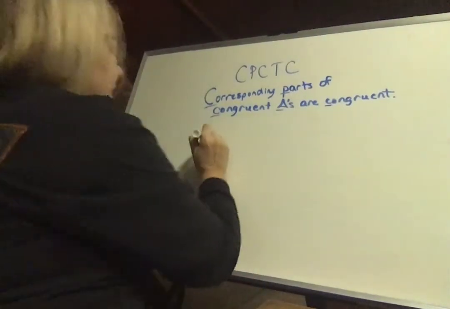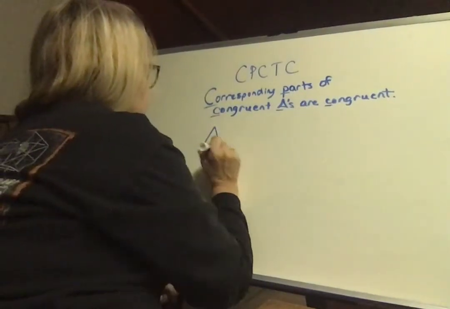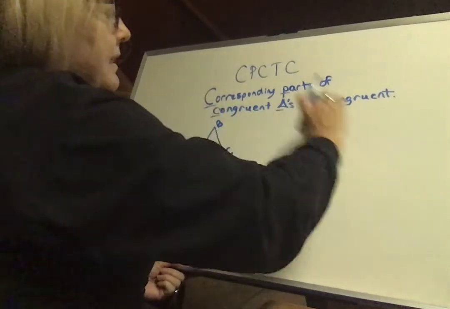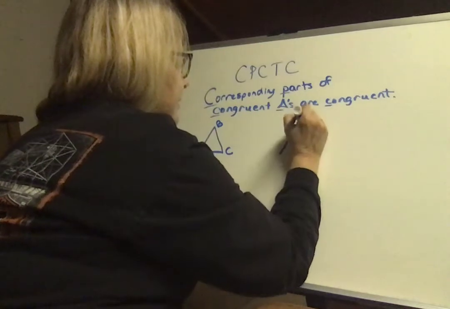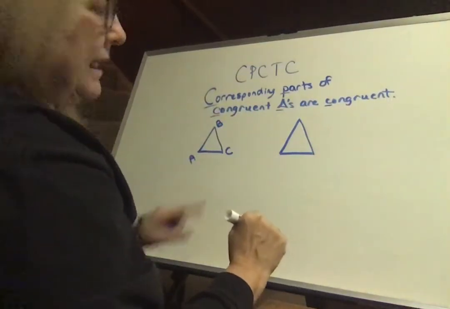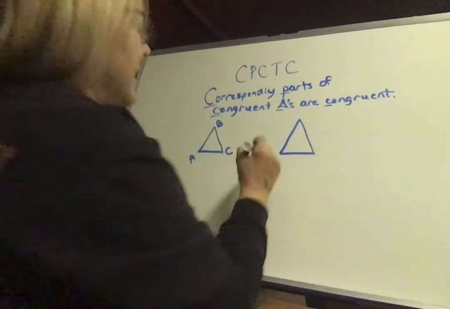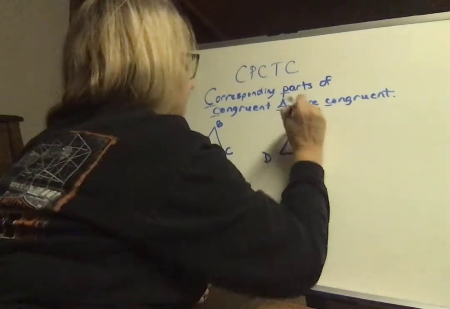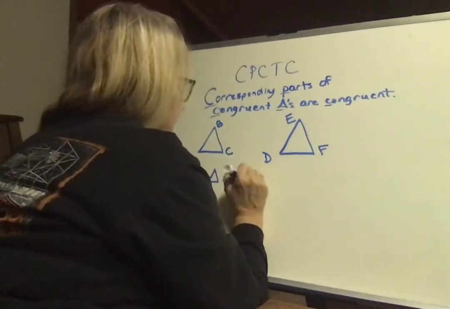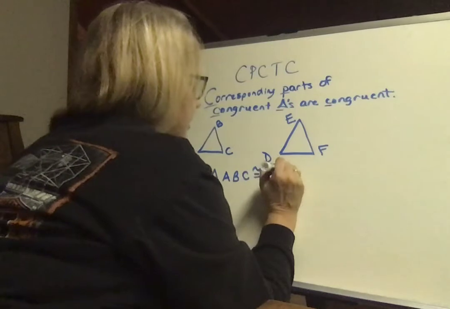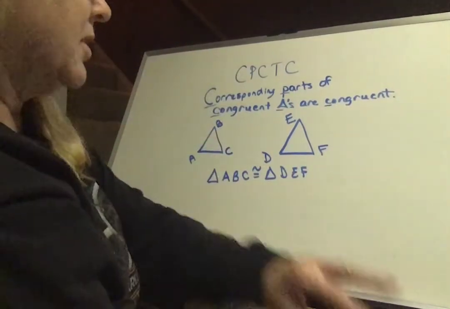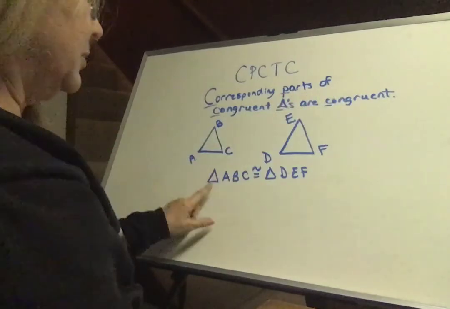Okay, so if we have this triangle A, B, C, and we slid it 4 spaces to the right, same triangle, and instead of labeling it A prime, B prime, C prime, this time we marked it D, E, F. And then we said triangle ABC is congruent to triangle DEF. Well, all of the corresponding parts of the congruent triangles are congruent.